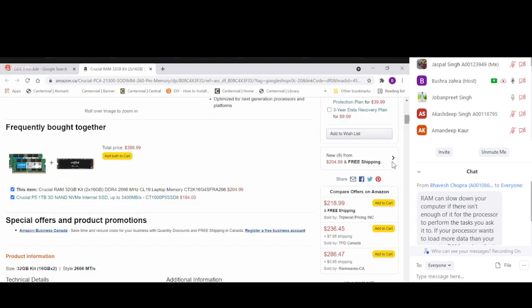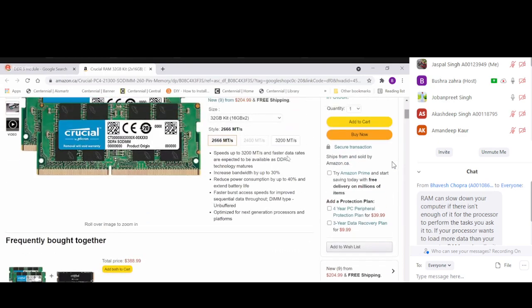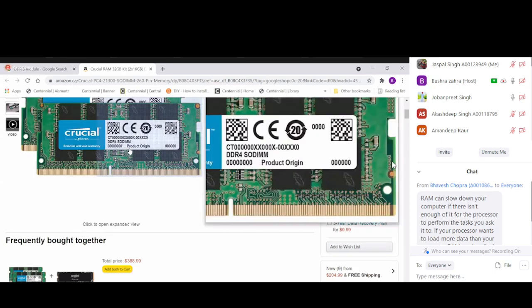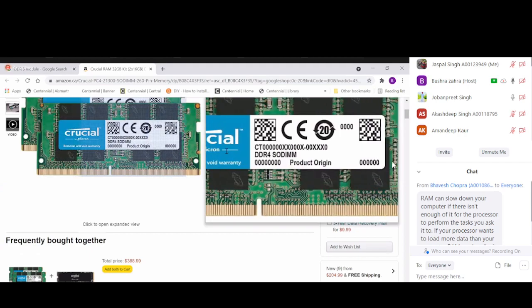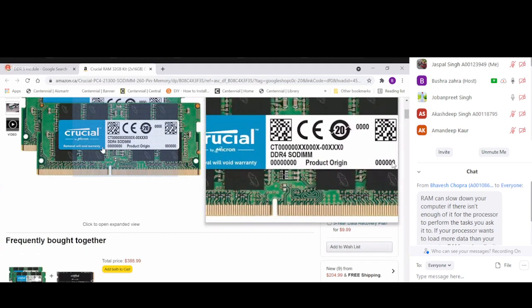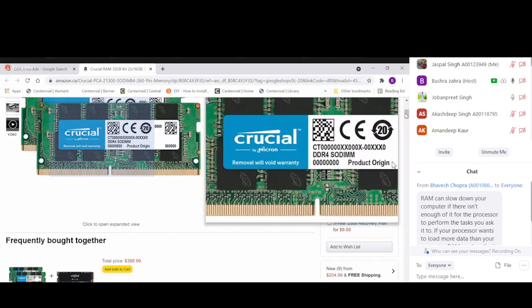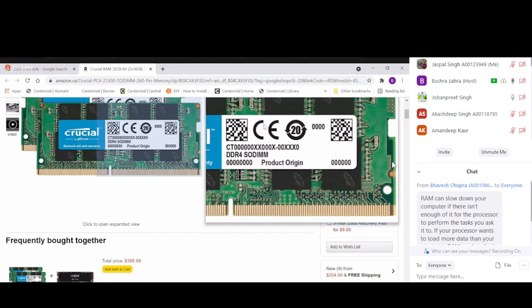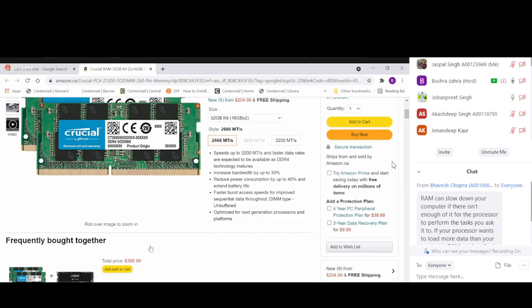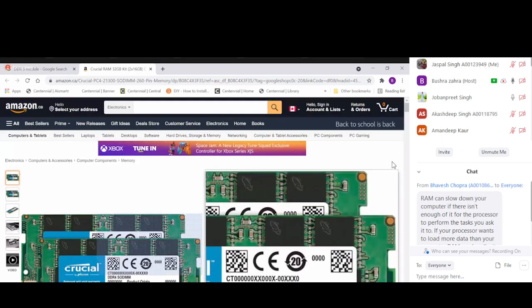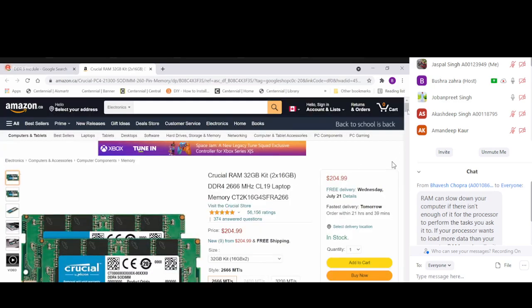What other information? You will find some error checking information as well, if it has it. It must be printed there, right? So this is a kind of SODIMM memory, DDR4 SODIMM. Okay, so this is DDR4 SODIMM, 32 GB, available in two memory blocks of 2 by 16 GB, right?